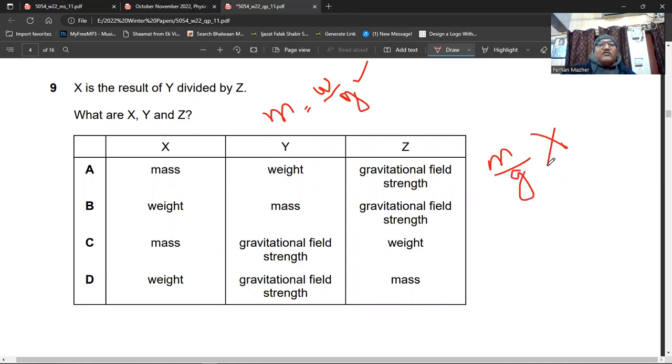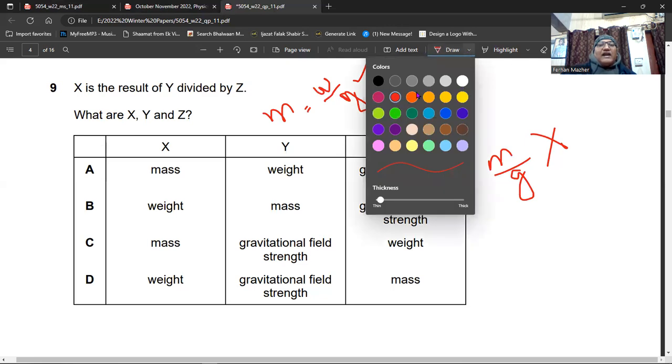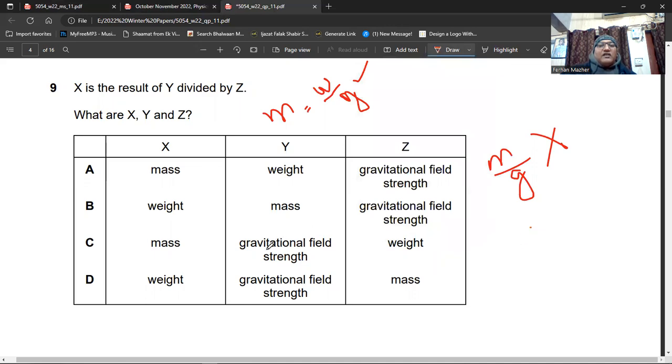That's wrong. Then we have G divided by W. That is also wrong.